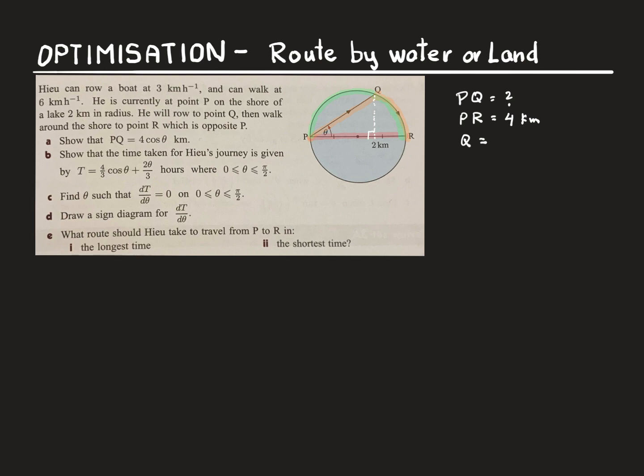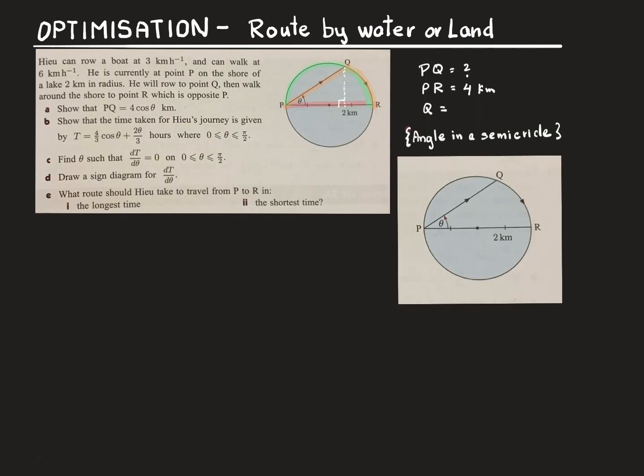So what we're going to do is resort to our good old mathematics through our high school years, and remember that there was a theorem called the triangle in a semicircle theorem, which meant that if I drew the line from Q to R, then I will get a right angle in here.